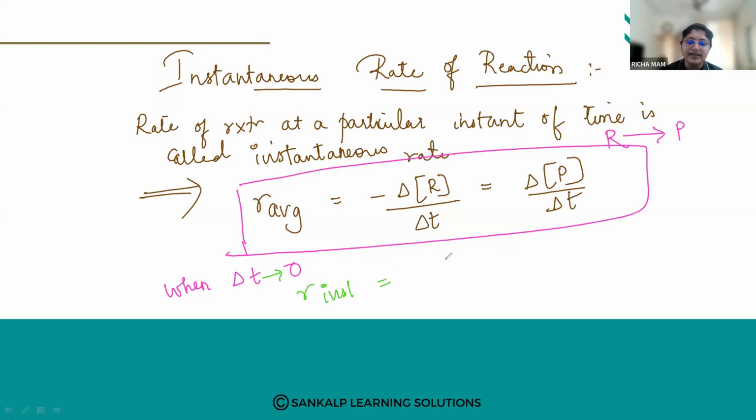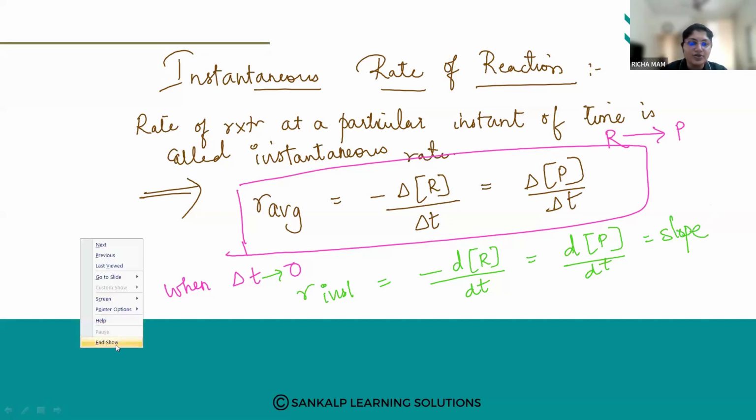Then the instantaneous rate is given as minus d[R] by dt equals d[P] by dt, which is equal to the slope. So the instantaneous rate of reaction is obtained graphically. Just a second, I'll show you.